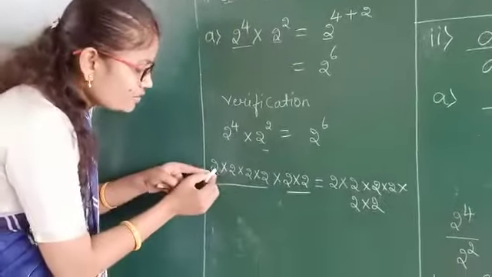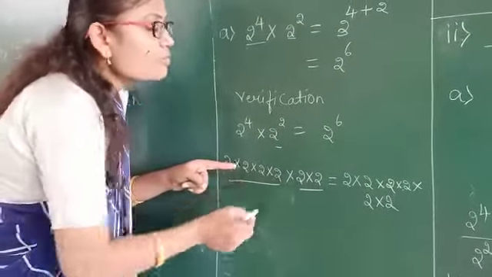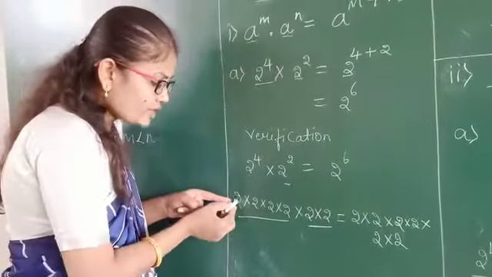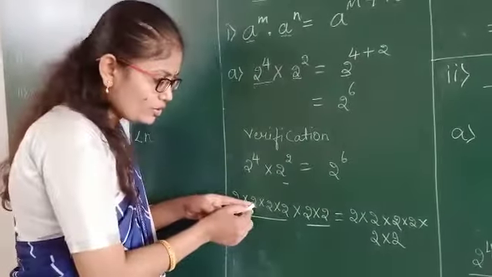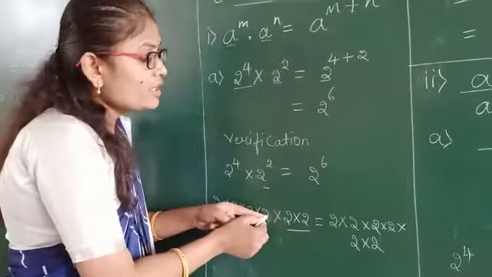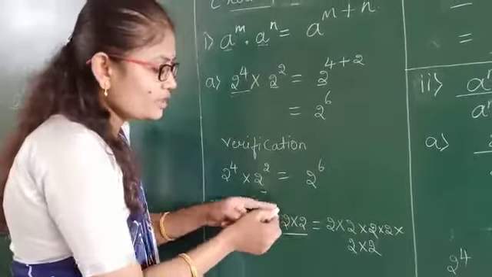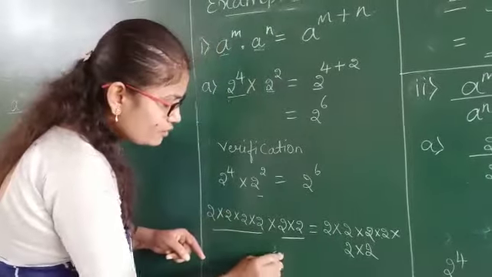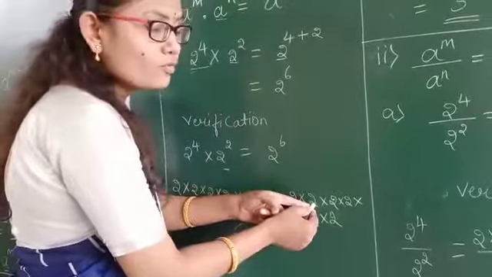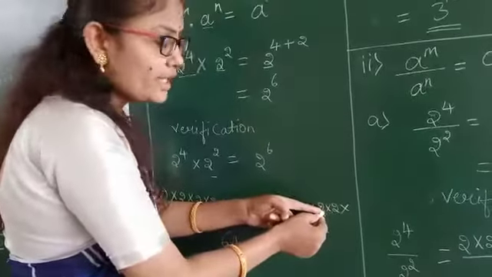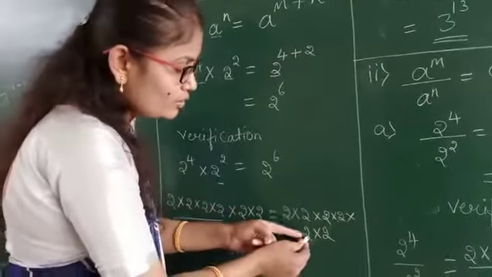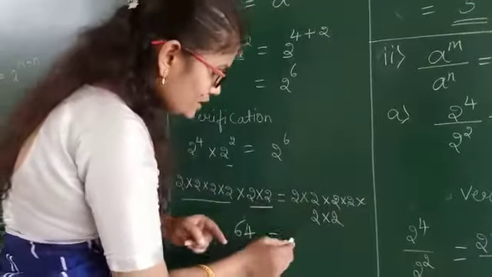Now you have to multiply all the 2's, as there is a multiplication sign between them. 2 2's are 4, 4 2's are 8, 8 2's are 16, 16 2's are 32, 32 2's are 64. In the same way you can multiply here also.